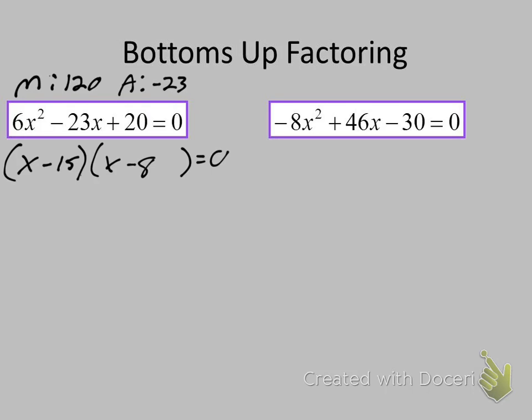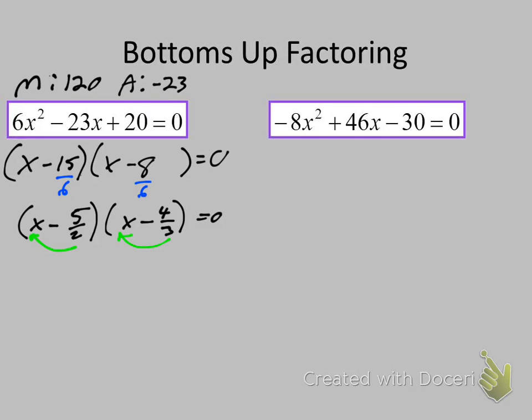It doesn't get you back to 6x squared. That's because you have to put 6 underneath each of these. Divide by 6, divide by 6. Which gives you x minus, let's see, 3 into each of those, so 5 halves, and 2 into each of those, so x minus 4/3 equals 0. Now I'm going to do the bottoms up part, just so you get used to seeing it.